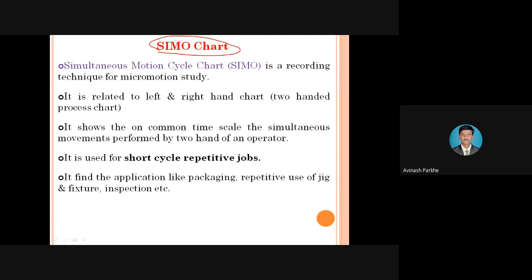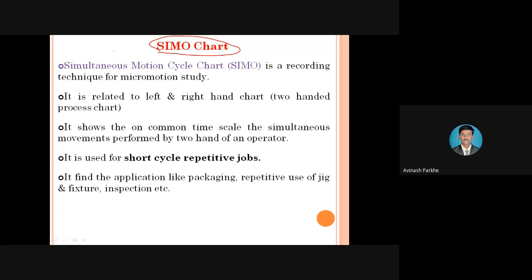While observing that film, we can go for a detailed analysis, and from that analysis we observe wherever small repetitive movements are taking place, and those repetitive movements can be eliminated. In order to represent the film, or the time, on a chart, the Simo chart was developed.